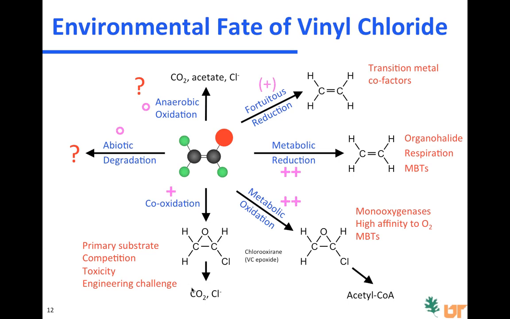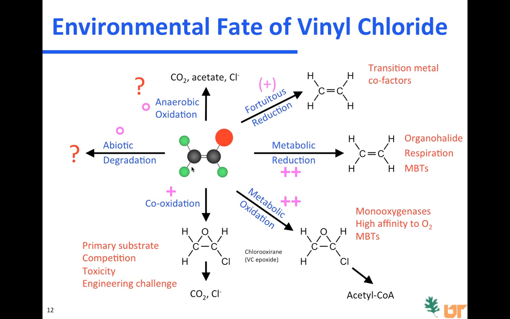So now I thought a little bit about rates, and this is indicated in these pink pluses. So metabolic reduction and metabolic oxidation are probably the processes that can give you the highest rates. Metabolic reduction or organohalide respiration is an anaerobic process, so no oxygen. The metabolic oxidation is an aerobic process, so it requires oxygen.